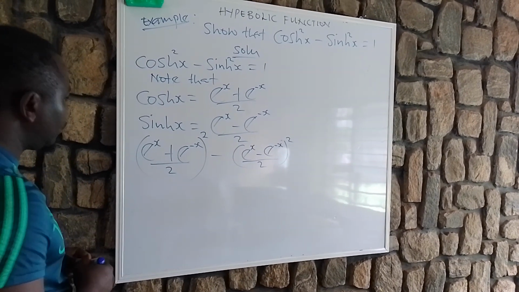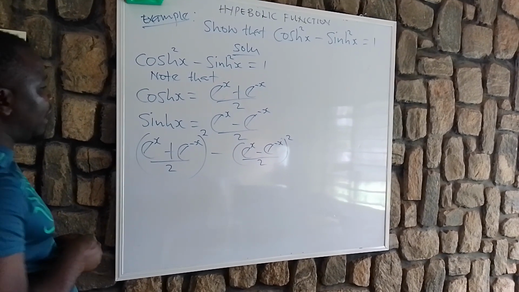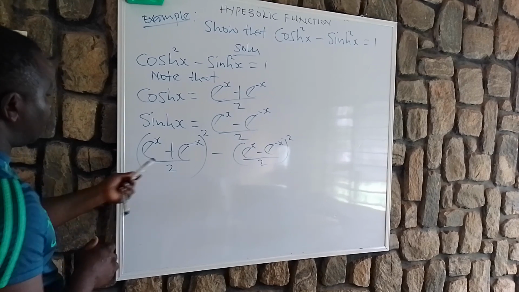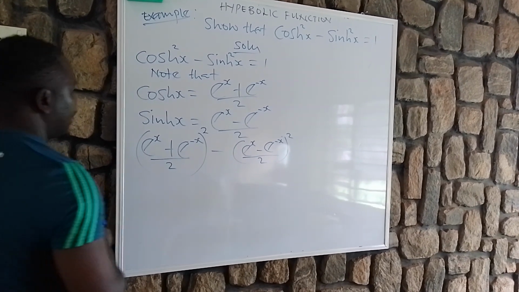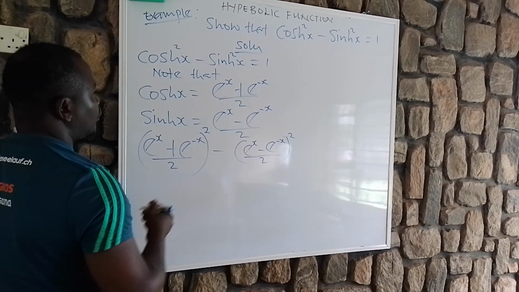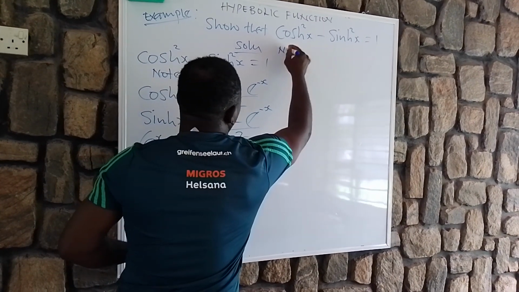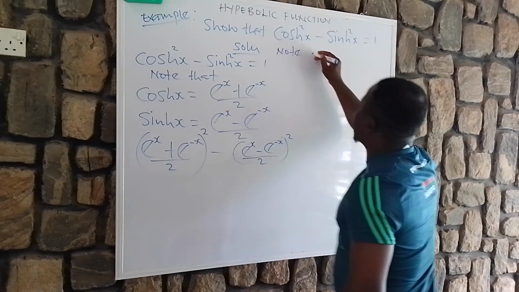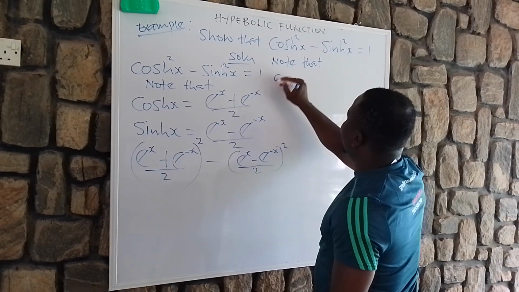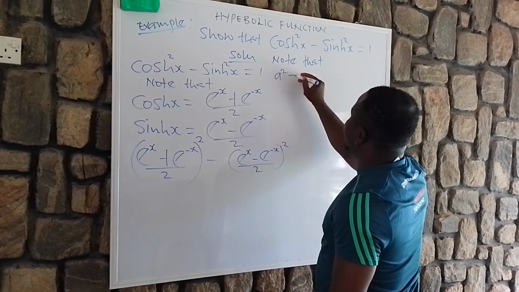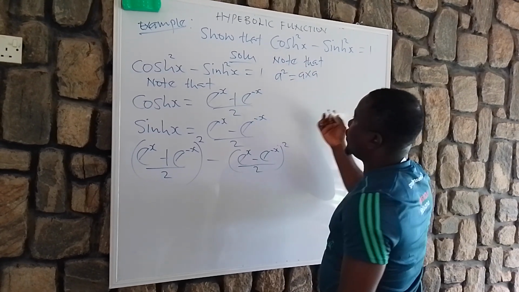Okay. So if you agree with me, we are going to apply elementary mathematics here. Let us take note that if we have a raised to the power 2, this is the same as a times a, true or false?